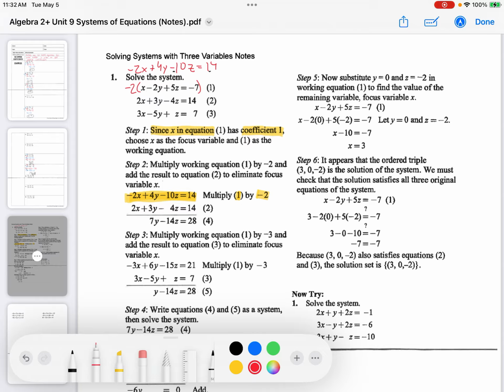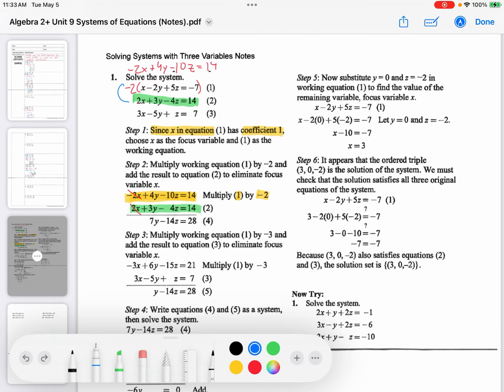Then we can add that with equation 2, 2x plus 3y minus 4z equals 14. Then they're set up to eliminate because the -2x and the 2x would cancel out. The 4y and 3y would make 7y. The -10z and -4z would make -14z. And then 14 and 14 makes 28.